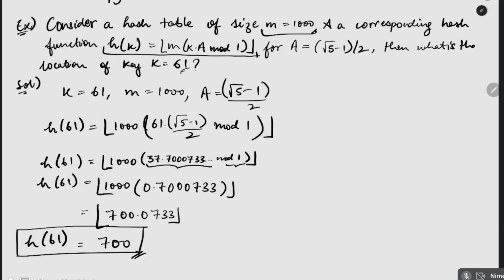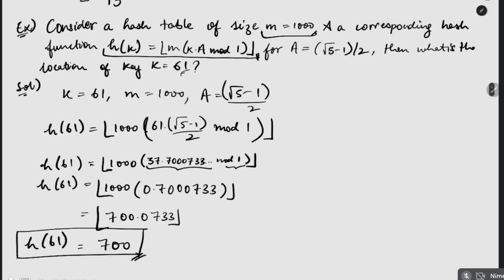Of course, it is assumed that this hash function is complete, and basically it won't give values outside the range of the table.